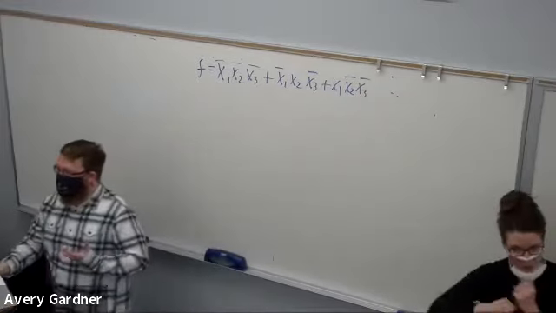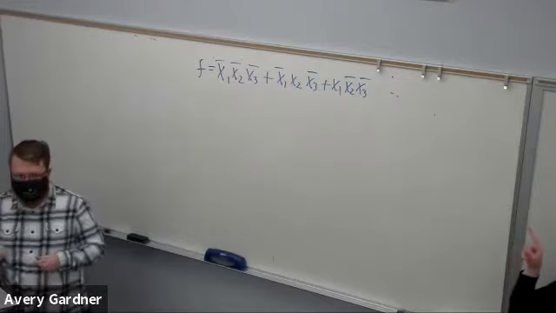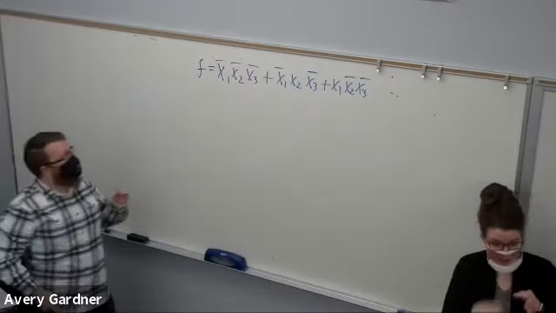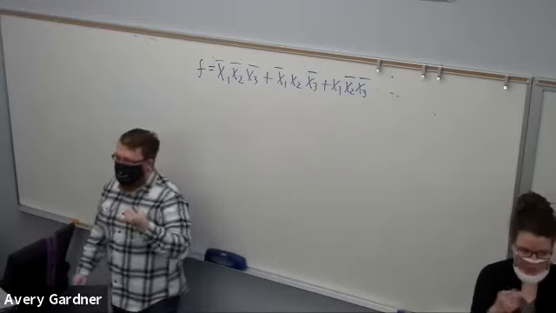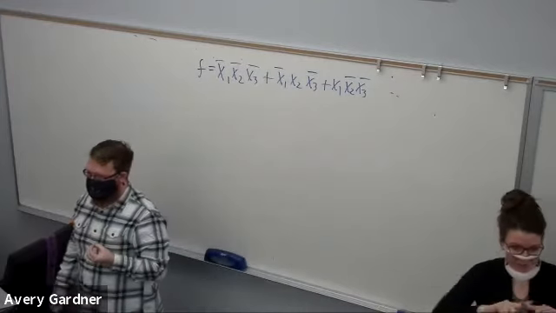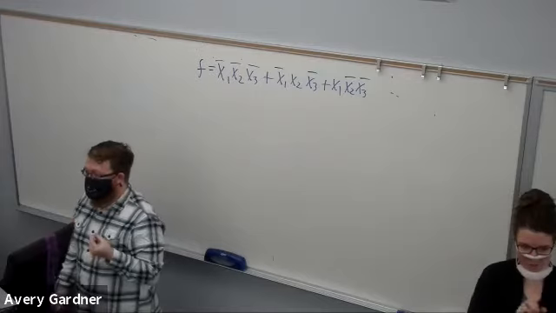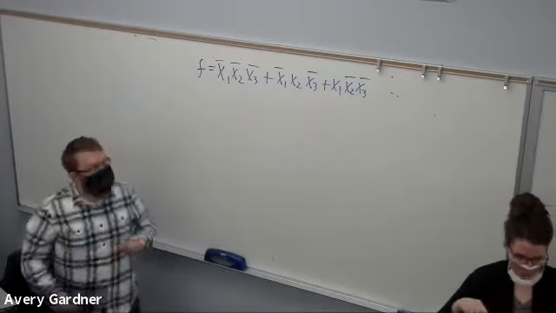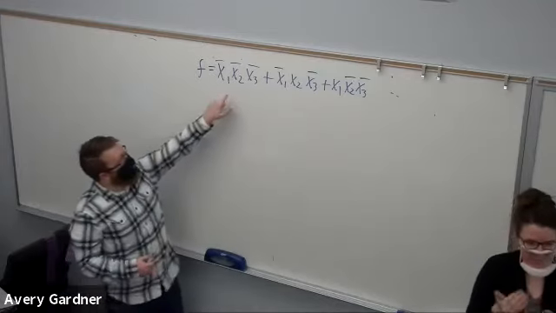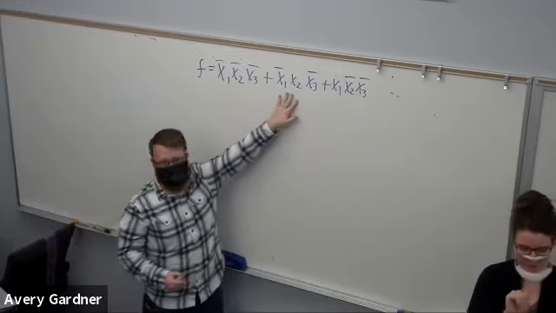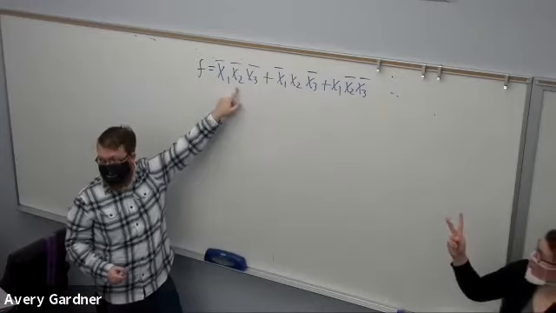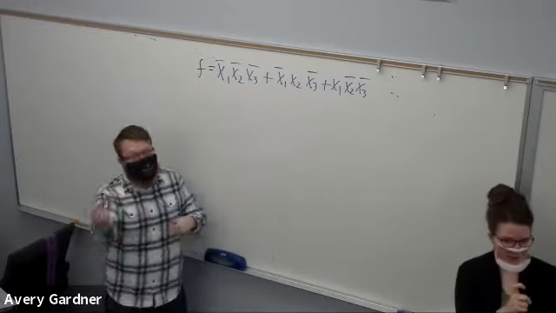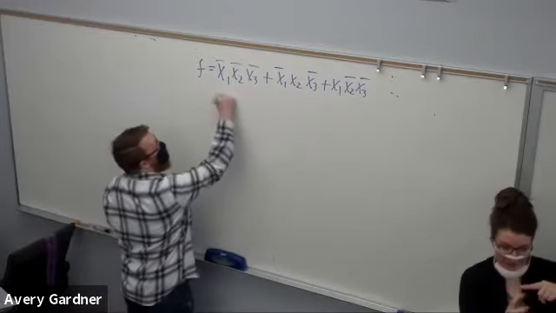But what I would look for in order to simplify this is 2 product terms that differ by only 1 variable, because what that means is it's easy to factor. So 1 variable here, this term and this term, these 2 product terms differ only by x2, because it's x2 bar and x2. So if I want to factor those, it's really easy.